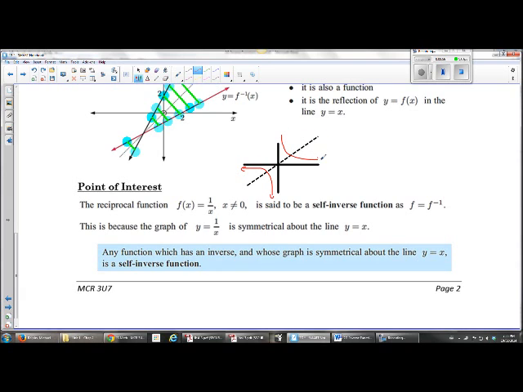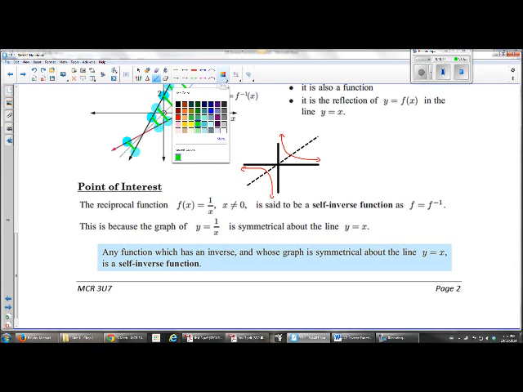That function is symmetric about the line y equals x. So if we were to do the same thing as we did here, by drawing lines perpendicular to the line y equals x, we would find that we would be able to get lines.